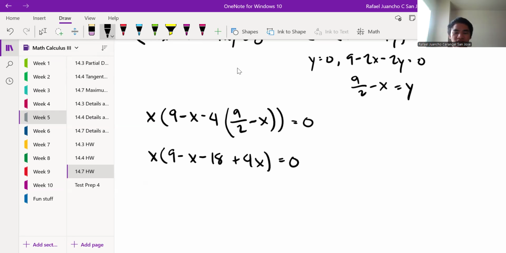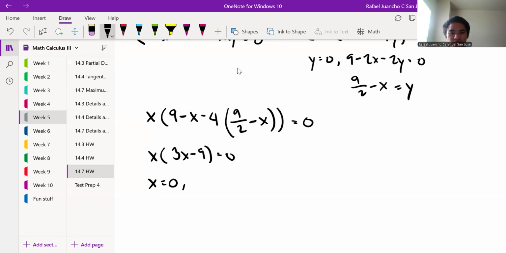And I could have just done 9 minus 18, and then this is 3x. 3x minus 9. There we go. Now I have two things. X could be 0, or this thing, 3x minus 9, so x equals 3.